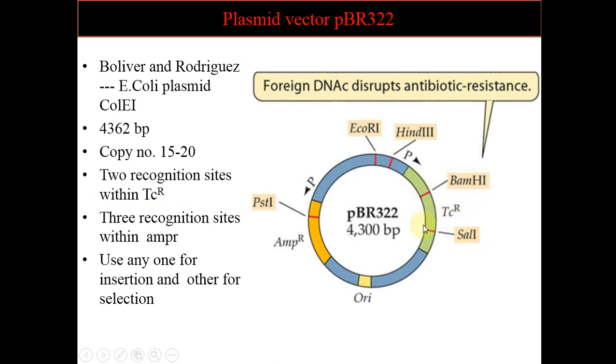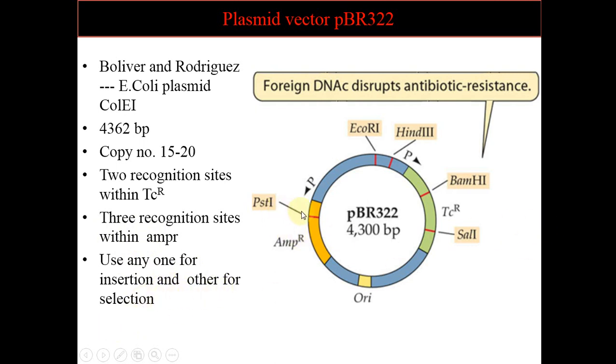Within the tetracycline resistance gene, there are two restriction sites present, and within the ampicillin resistance gene, there are three sites present. Use any one for insertion and the other for selection.